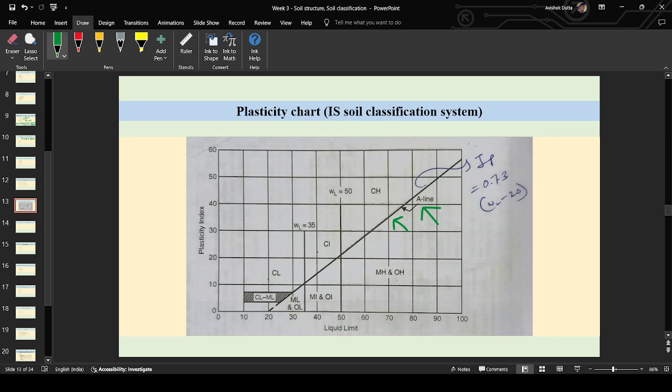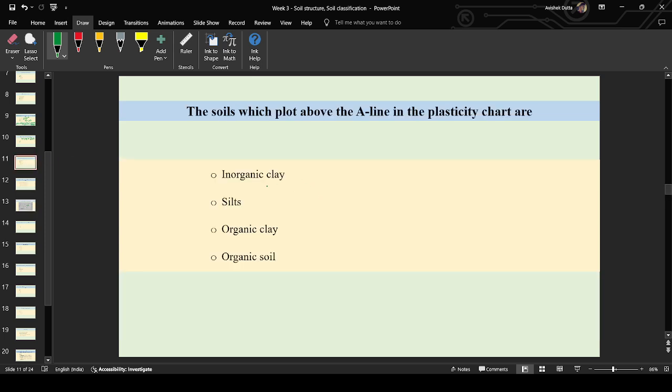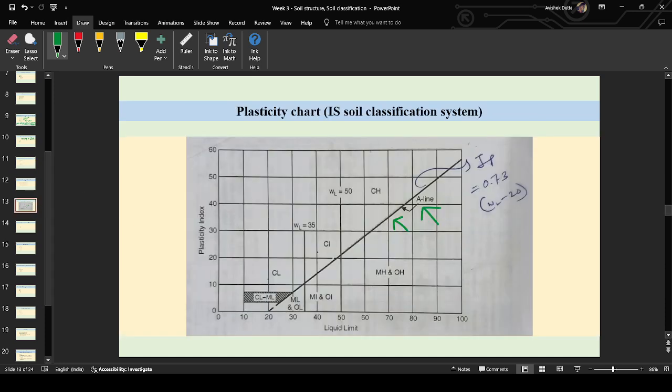Below the A line, we have O, organic soil, and M, silt. So above we have inorganic soil, below we have organic soil. Above we have clay, below we have silt. So above the A line we have inorganic clays. Organic clay, do we have organic clay? We don't have. We have organic soil over here, which is silt.